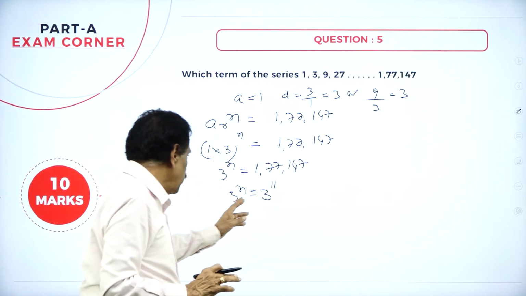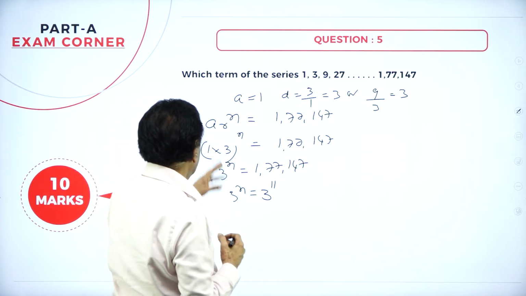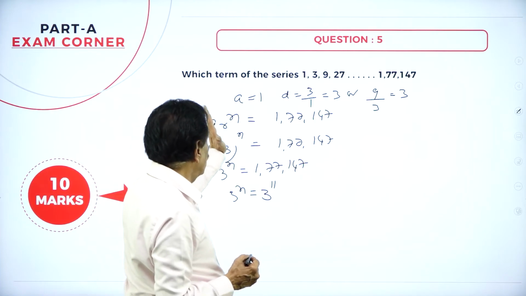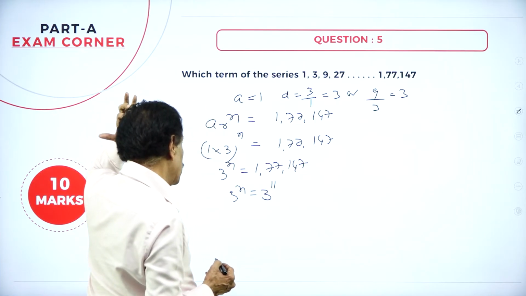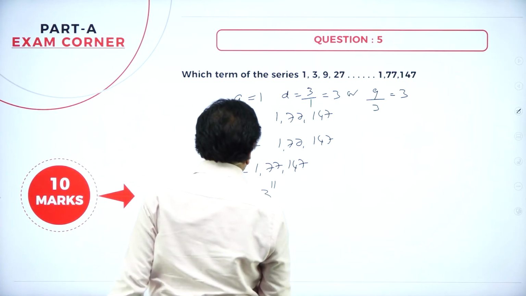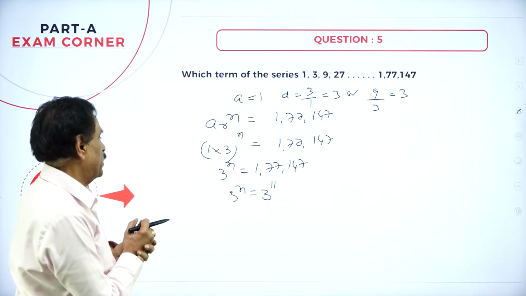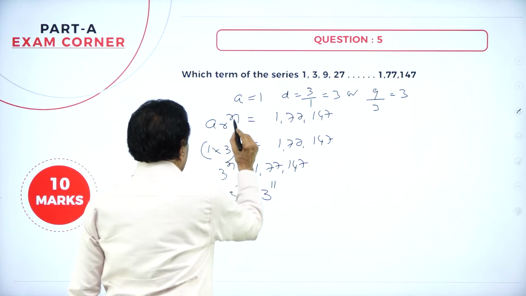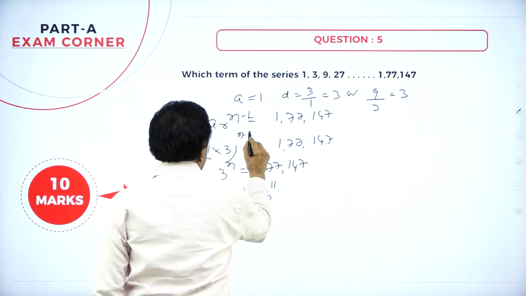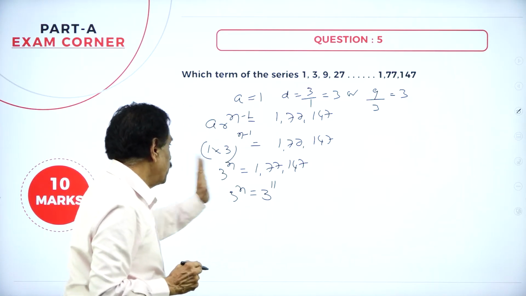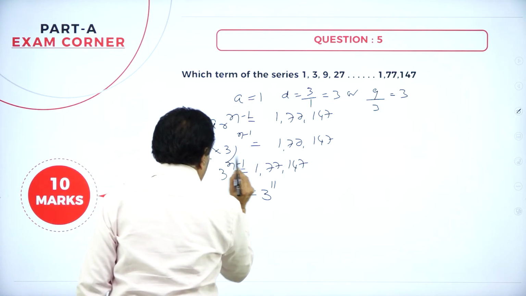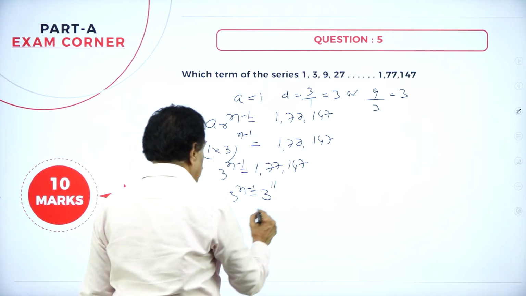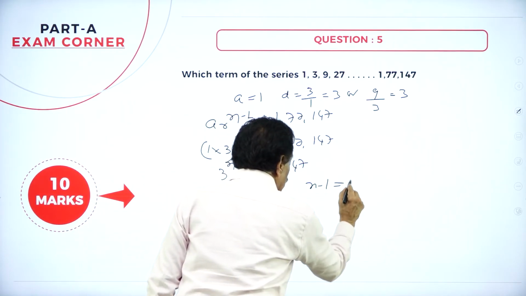The formula is ar to the power of n minus 1. We can apply this: 3 to the power of n minus 1 is equal to 3 to the power of 11. The 3 is common, so n minus 1 is equal to 11.